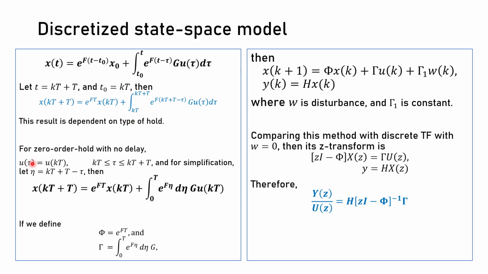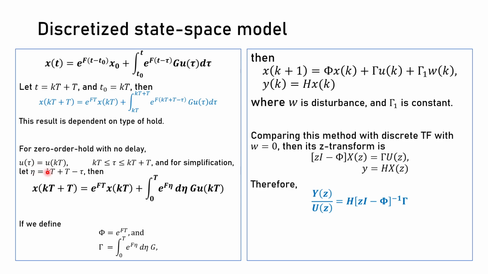So u of tau in the period kT to kT plus T is just constant because we hold the value. We can take u of kT out of the integral, and G is also constant, so we can take it out of the integral.